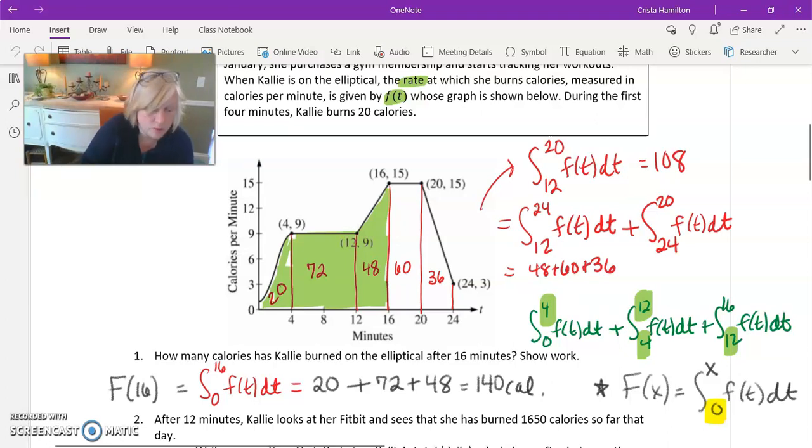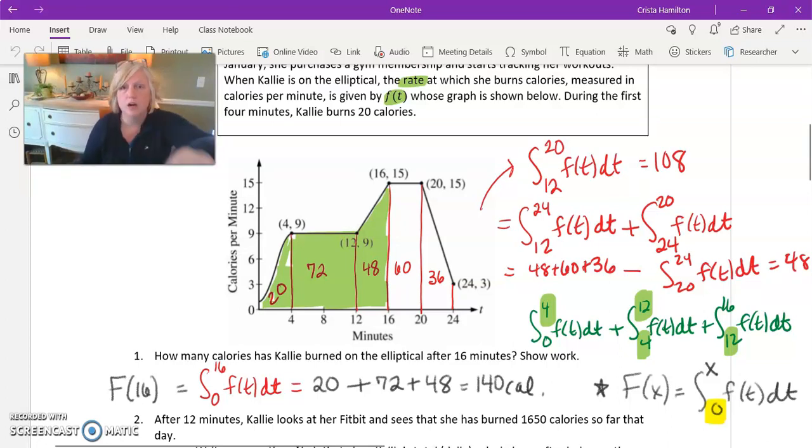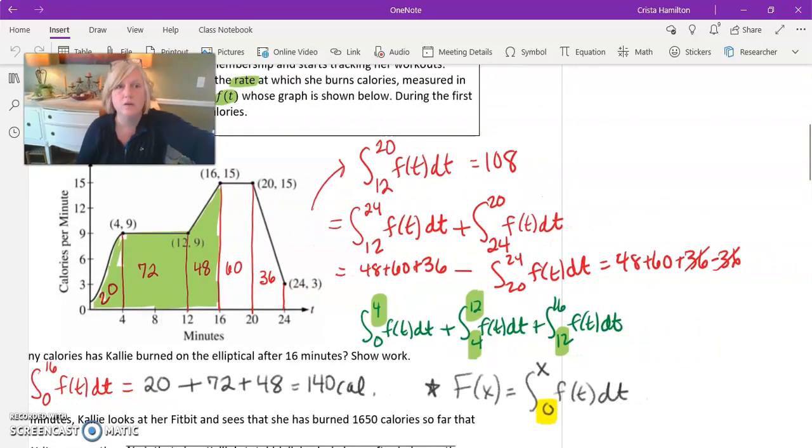And then 24 to 20, well, that's going backwards, right? So that would be the opposite of 20 to 24 of f of t dt, which would be 48 plus 60 plus 36, and then of course minus 36. So you see how those two are going to cancel each other out as you are doing the problem, and you're still going to end up with the same 108.